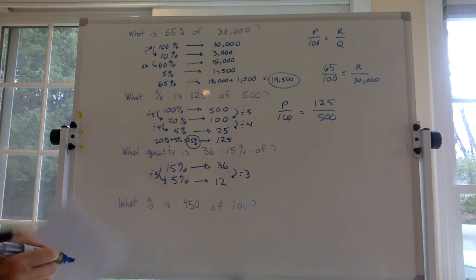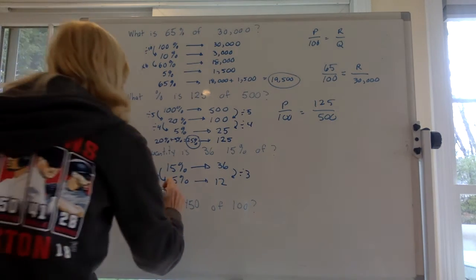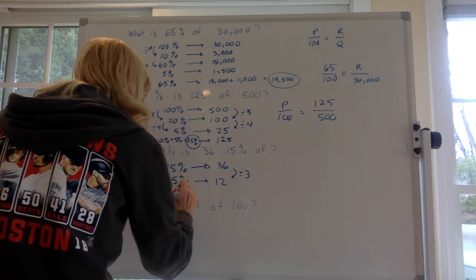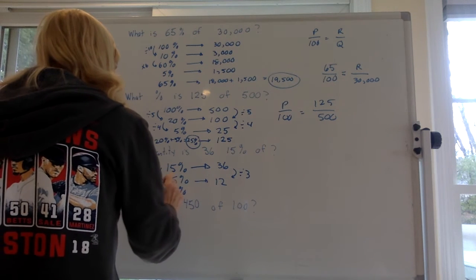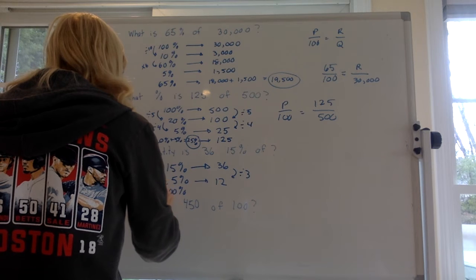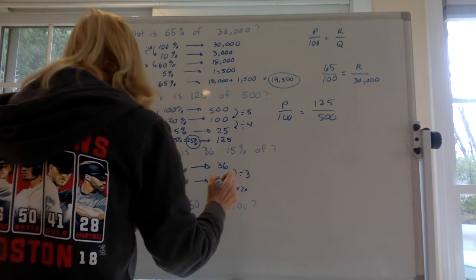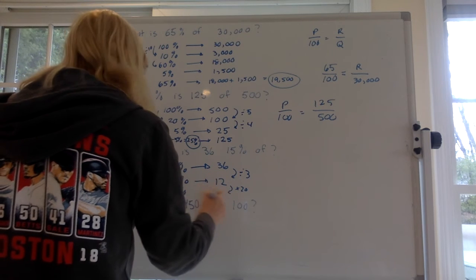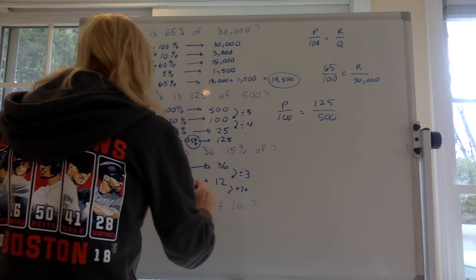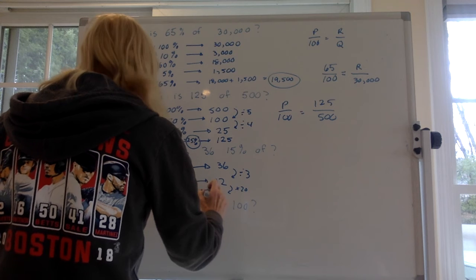All right, but we want 100%, right? How do we get from 5 to 100? We multiply by 20. So we multiply by 20 here too. And 12 times 20 is 240.